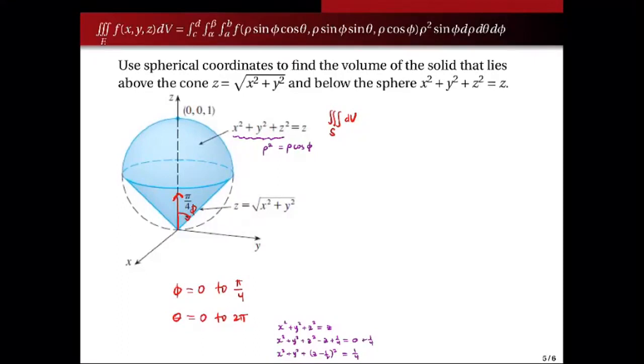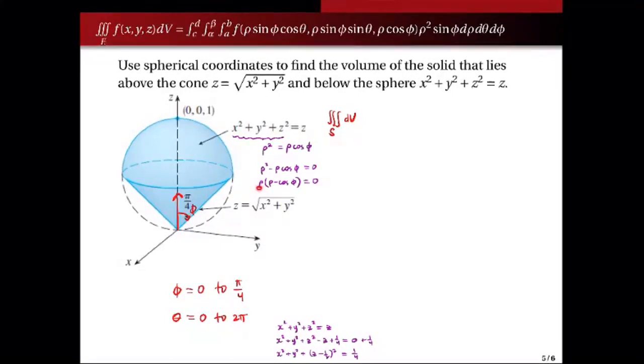So now, going back to this computation, as I have said, this is your rho squared. And of course, your z is rho cosine phi. So if we calculate this, you will have rho squared minus rho cosine phi equals 0. Then you can factor out rho. You will have rho times rho minus cosine phi equals 0.